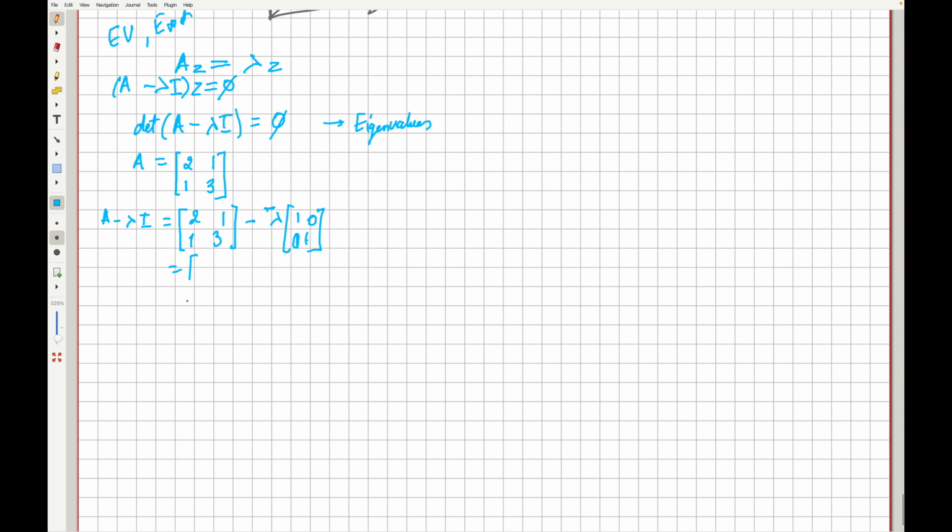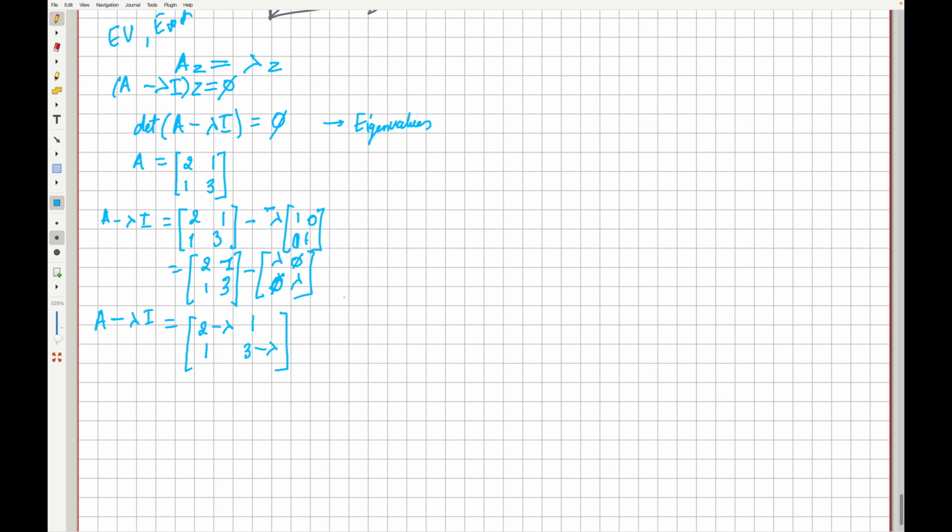Multiplying the values, it's just going to be [[lambda, 0], [0, lambda]]. And if we perform the subtraction, we get 2 minus lambda, 1, 1, and 3 minus lambda. So these are the values for A minus lambda I.